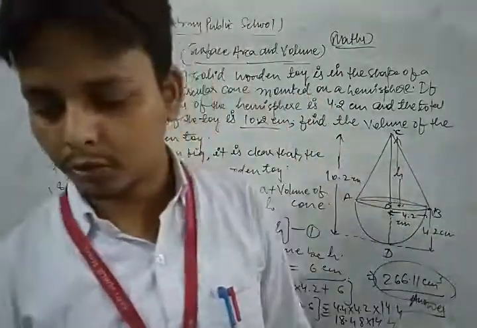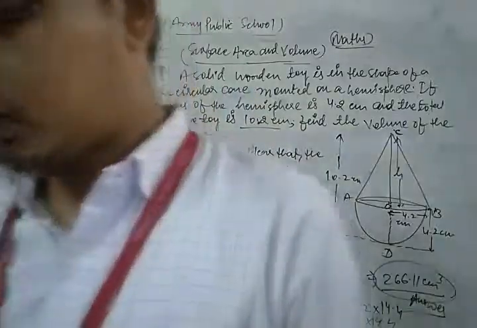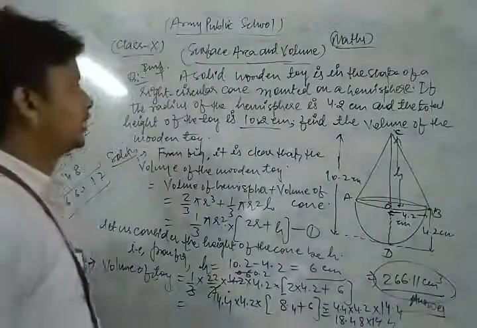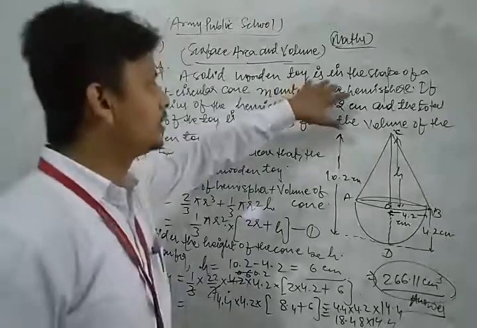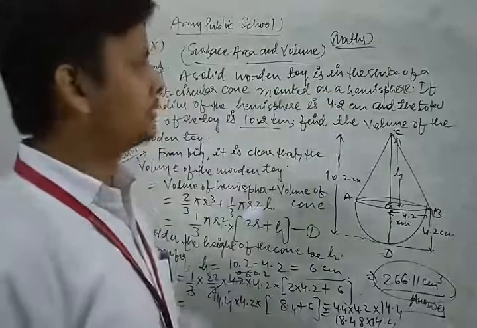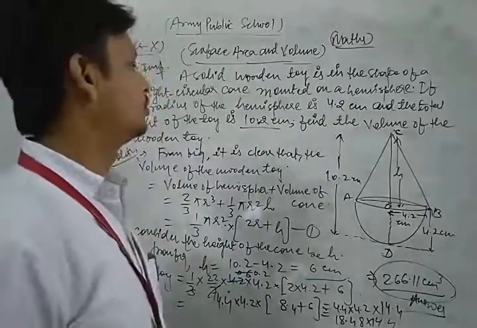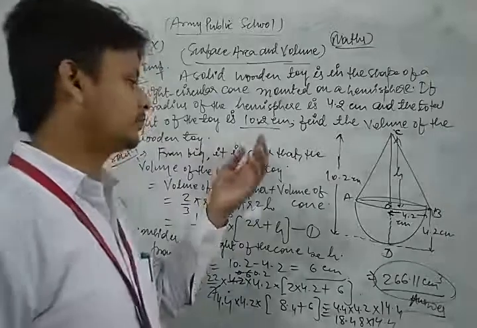Okay. Now look once more time. What is the concept of this question? Let's see once more time. Here, your question is a solid wooden toy in the shape of a right circular cone mounted on a hemisphere.